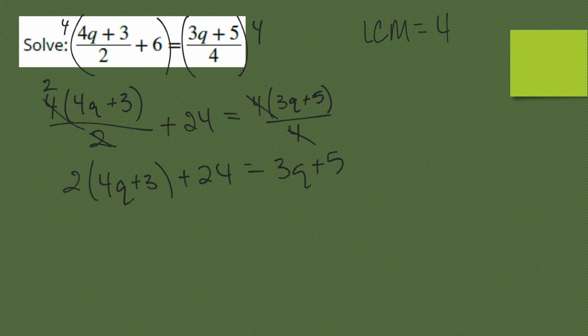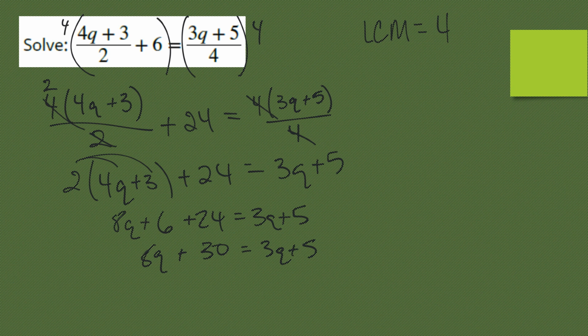Simplify on the left side there, multiply 2. Combine like terms. Variables to one side, constants to the other.